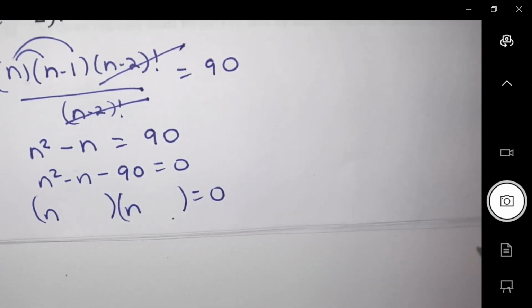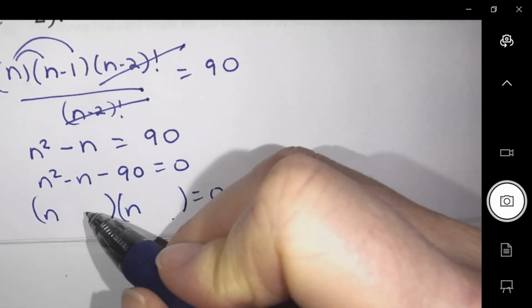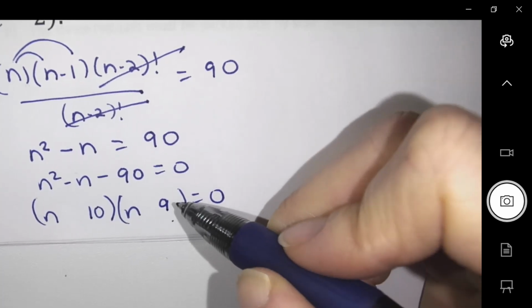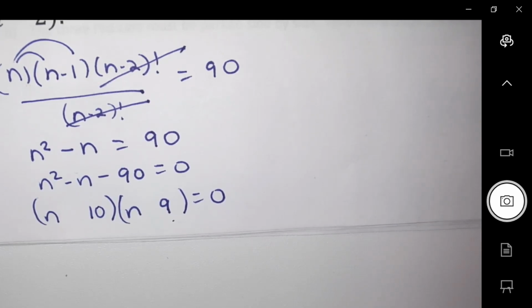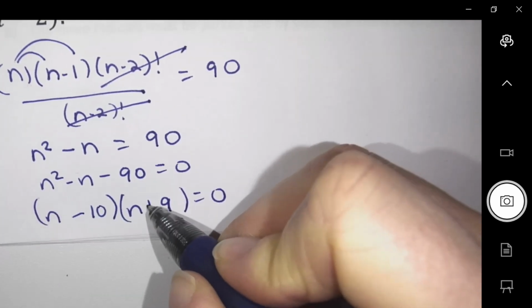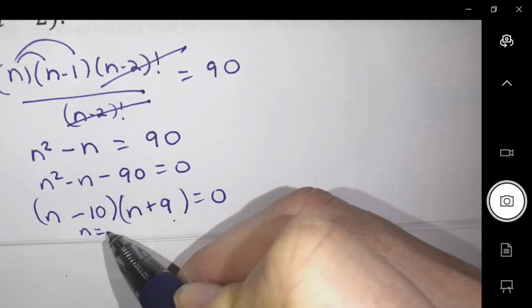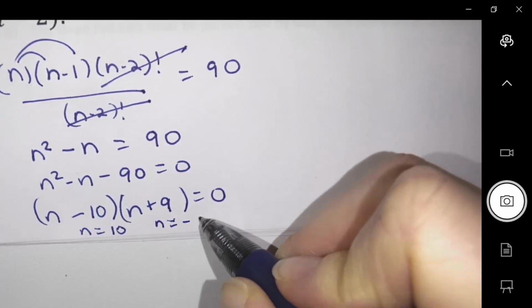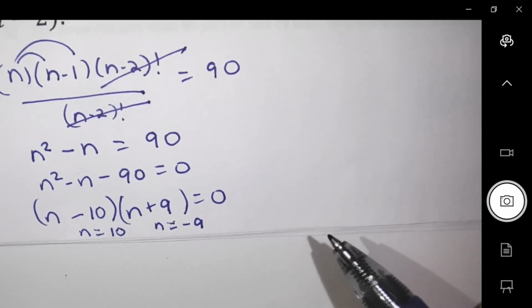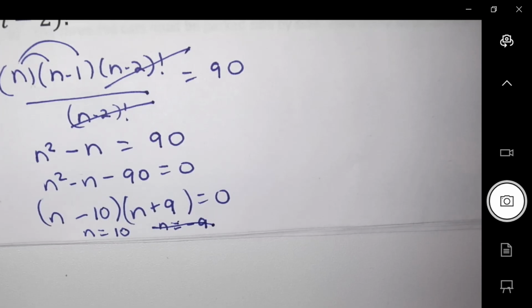What times what makes 90 and adds to the middle of negative 1? 10 times 9. I need one of them to be negative, one to be positive, and I'm trying to make it add to negative 1. n equals 10, n equals -9, which that one doesn't make sense because you have to stop.